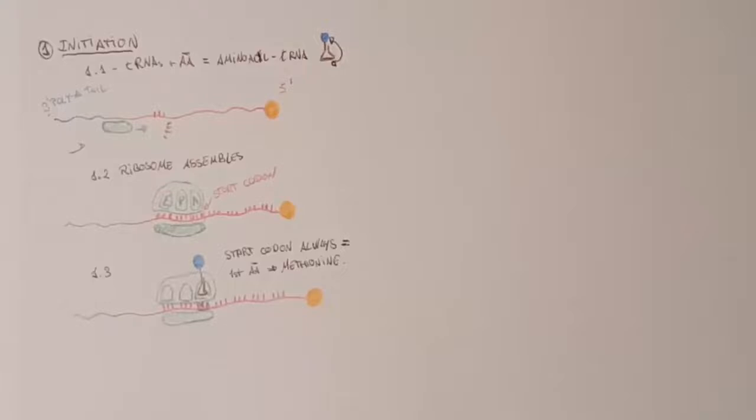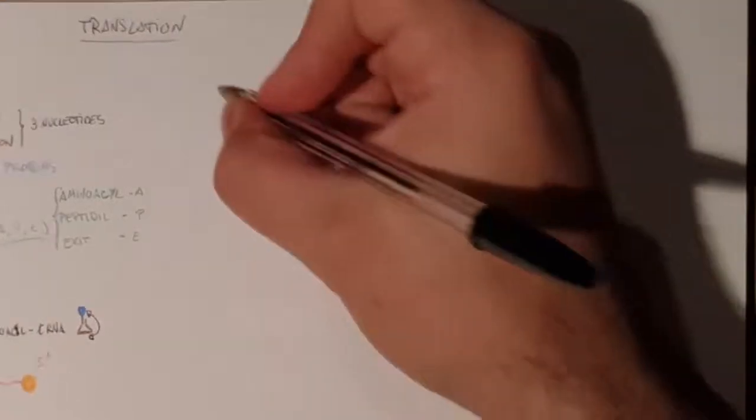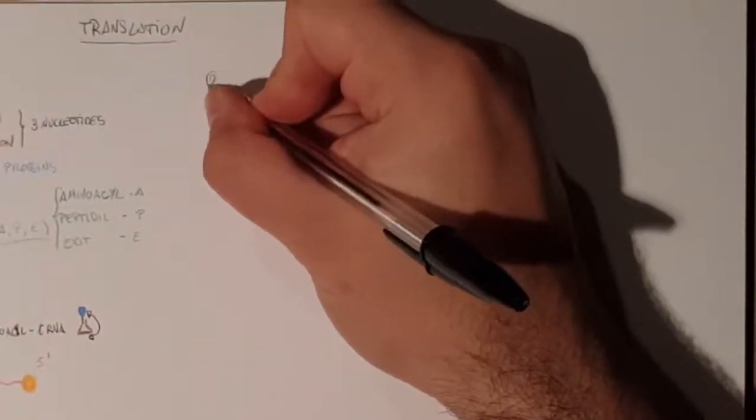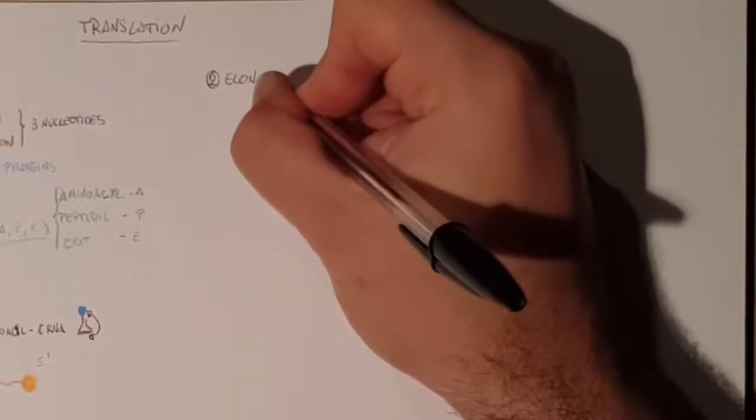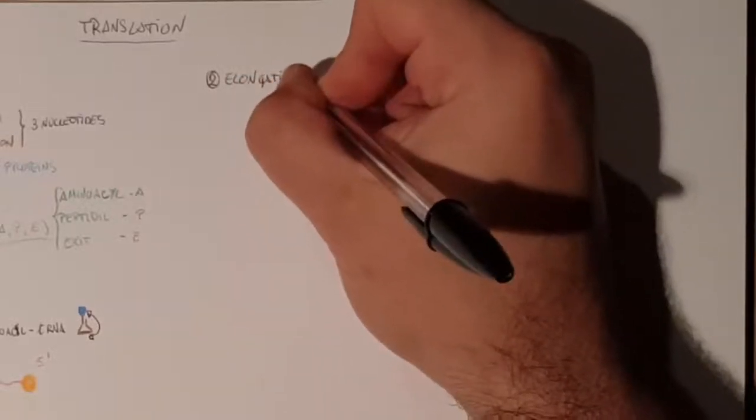So this is the final part of initiation. Now we're going to go to step number 2, which is called elongation.